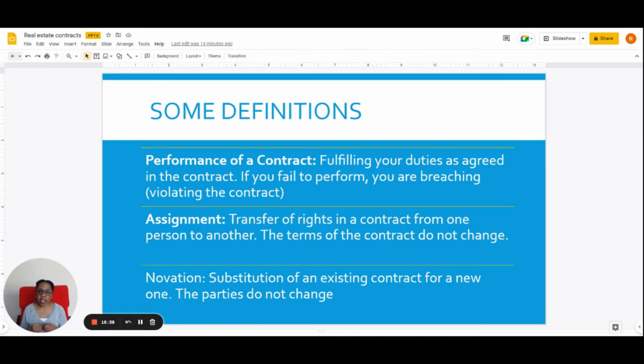Novation, on the other hand, is one whereby we are not changing the people, but we're changing the actual contract. So let's say you and I have a contract. Actually, let's go back to the example I gave before. We had an agreement. I was going to buy your house. Then the house burnt down. And so I'm about to walk away. And you're like, wait, hold on.